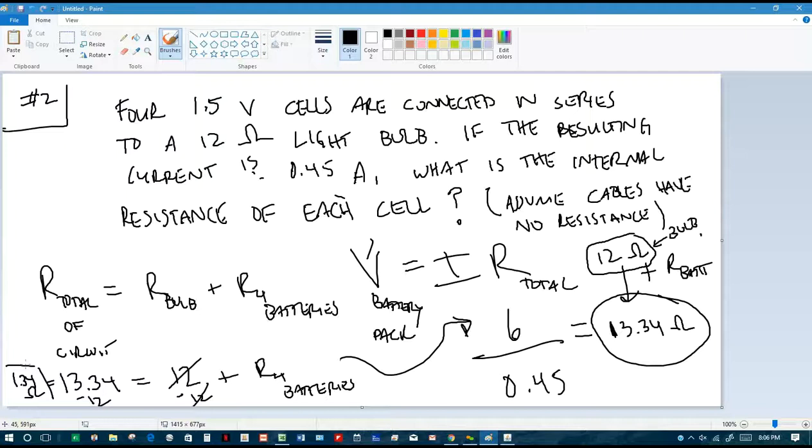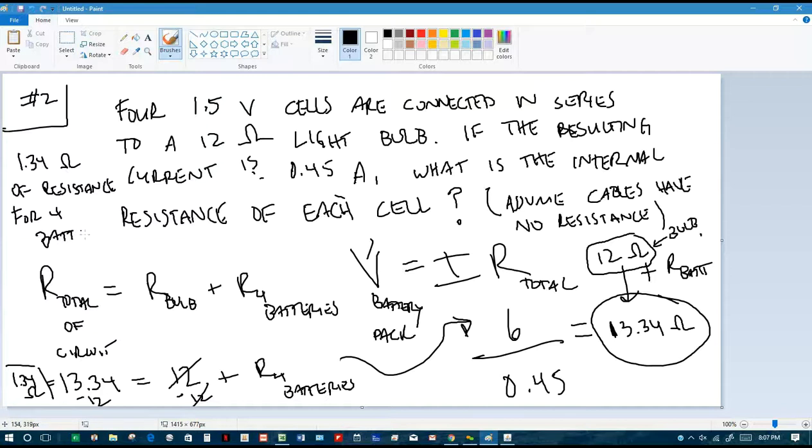Notice they ask, what is the internal resistance of each cell? That's what you're trying to find next. We have 1.34 ohms of resistance for 4 batteries.